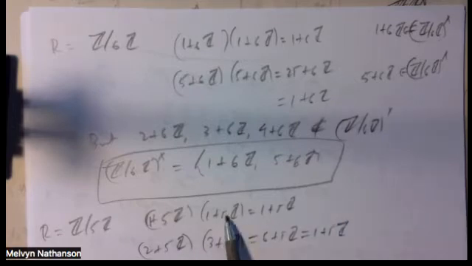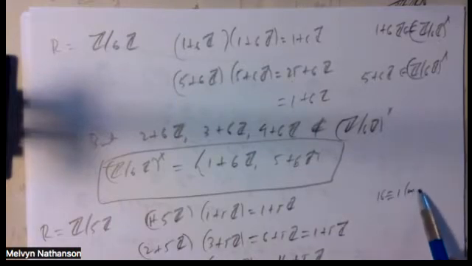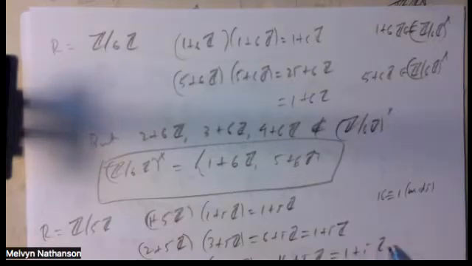So this says 1 is a unit, 2 is a unit, 3 is a unit. 4 plus 5Z times 4 plus 5Z is 16 plus 5Z. Again, 16 is congruent to 1 mod 5. So this is 1 plus 5Z.